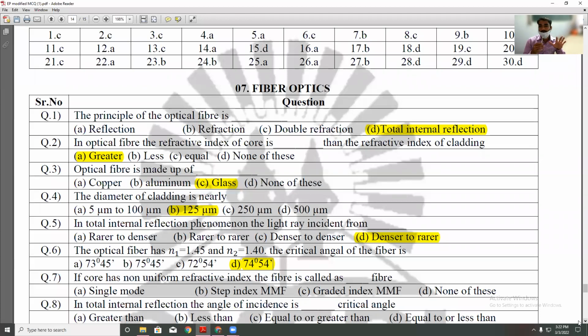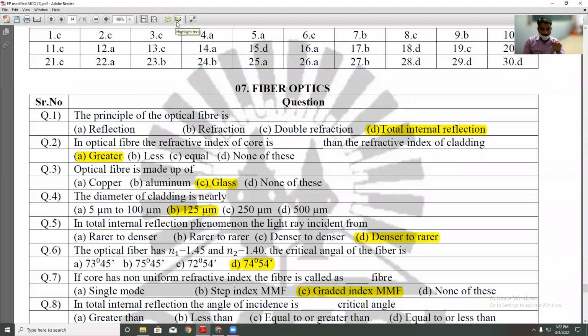If we have one optical fiber having three different regions, core region, cladding region, and sheath region, and there is a non-uniform refractive index of the core region, then we call it graded index multimode optical fiber.